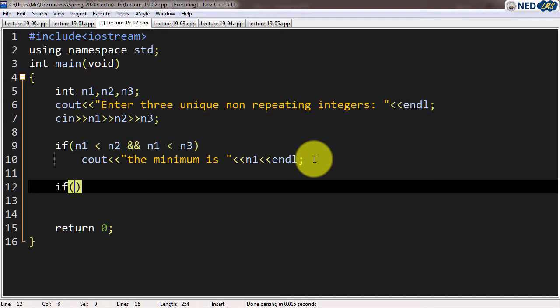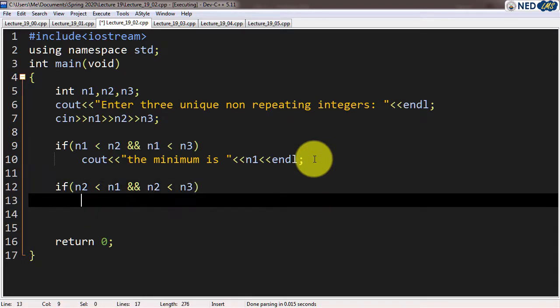I'm saying that if n2 is less than n1, and I'm going to write and n2 is less than n3 at the same time.